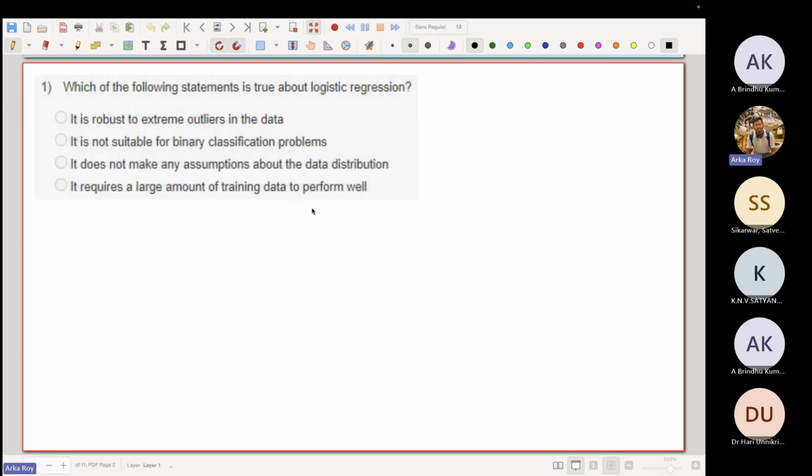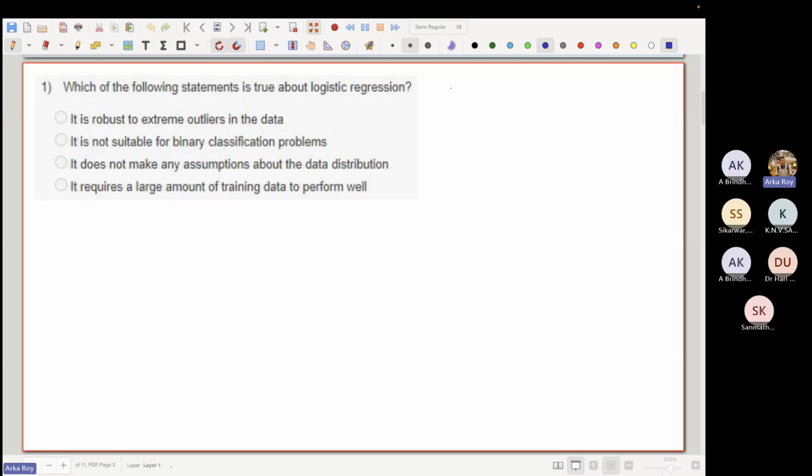I want to illustrate the difference between linear regression and logistic regression, and this discussion is somewhat linked with the next question as well, so discussing it here would be more appropriate.